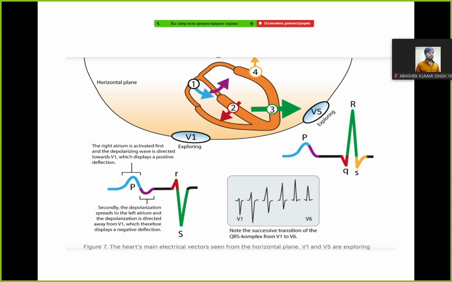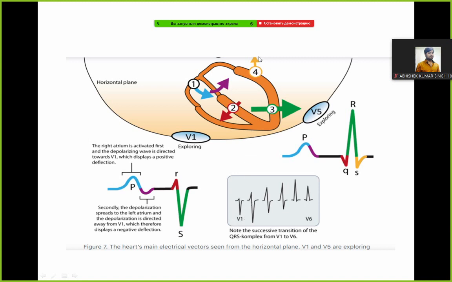As evident from this picture, the vector of the ventricular free wall is directed to the left and downwards, and lead V5 detects a very large vector heading towards it and therefore displays a large R wave in V5 and V6, and lead V1 records the opposite and therefore displays a large negative wave, which is called the S wave.